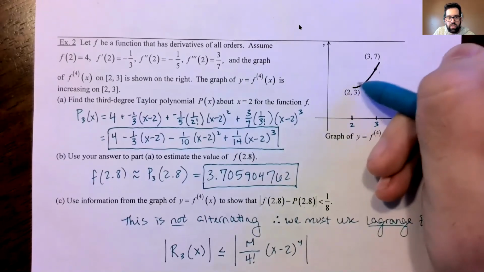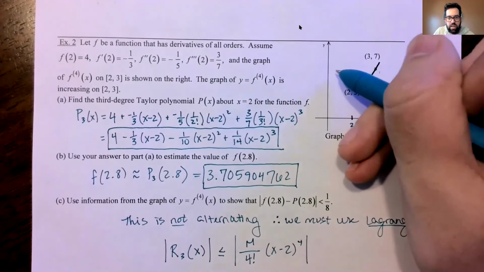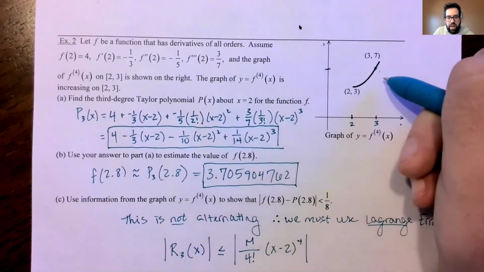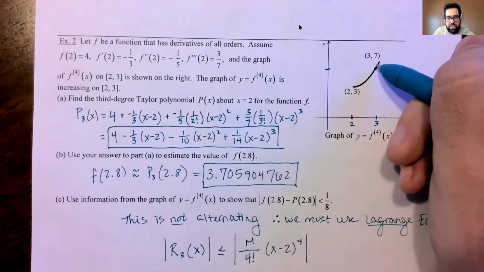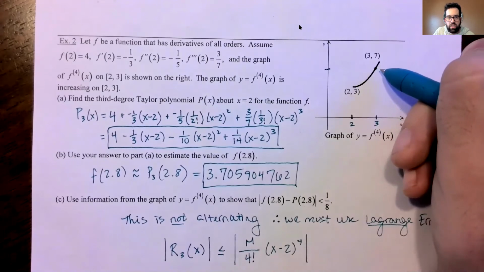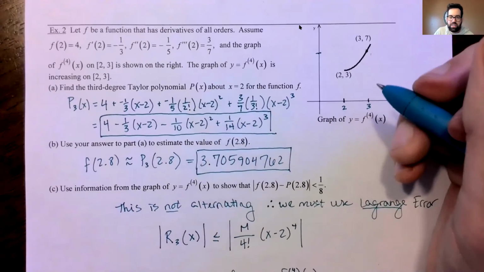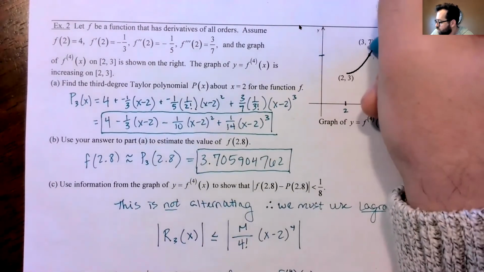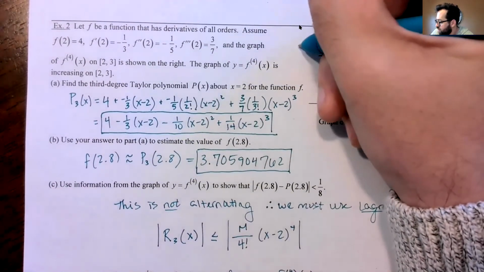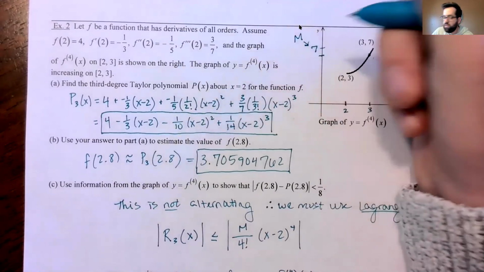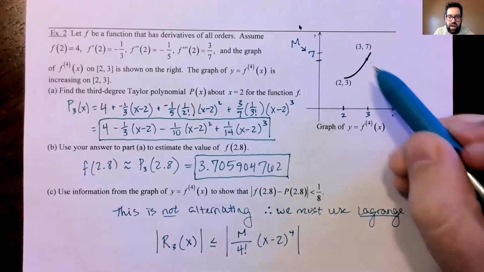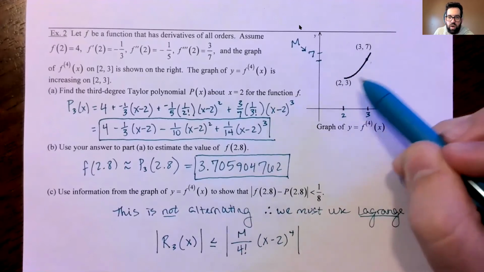And so you can tell since this is increasing, right there is going to be our M. But I have no idea what that is. So we're just going to have to use 7. We know that it's less than 7. So 7 is going to have to be our M. It's the best we can do for an upper bound for this y value.